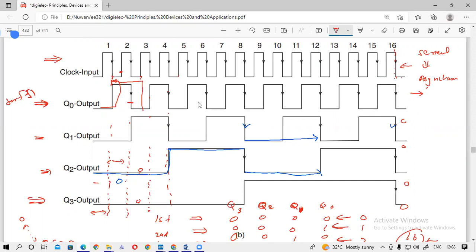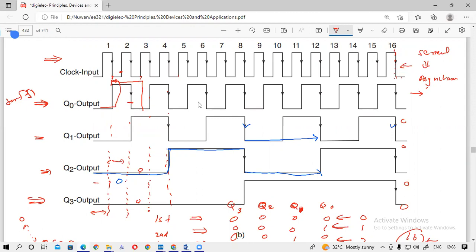When we are using serial counters, due to the propagation delay of each flip-flop, there can be a clock input delay also, and the clocks are not synchronized with each other.